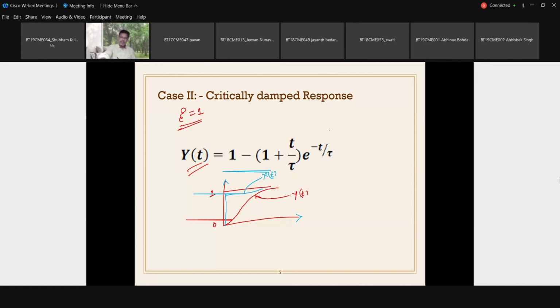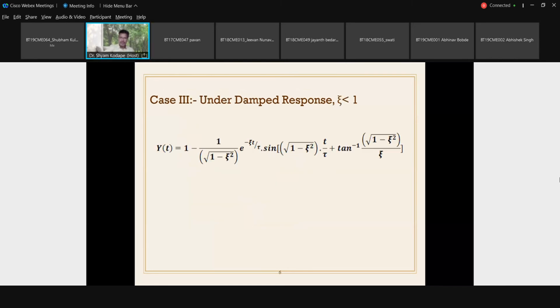Okay, next is underdamped response. So as per the underdamped response, it is something what we call when the system is associated with the control loop.